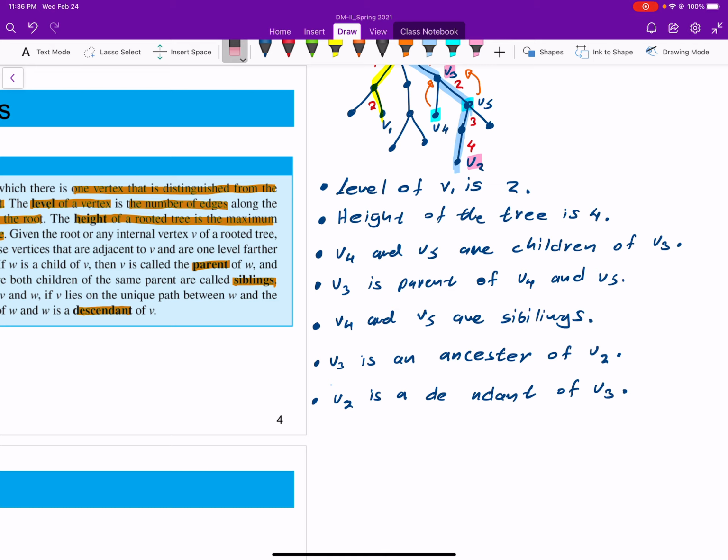Spelling is wrong, let me correct that. V2 is a descendant of V3.